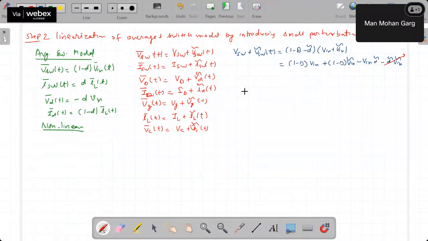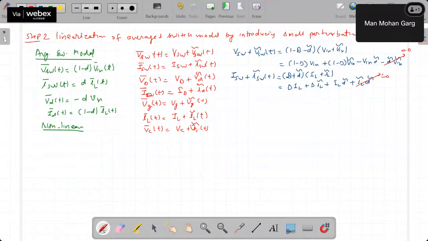Now the second one: ISW plus ISW cap, that is D plus D cap times IL plus IL cap. Simply multiply: D IL, plus D IL cap, plus IL D cap, plus IL cap D cap. Again, to simplify, I will neglect these terms as 0.